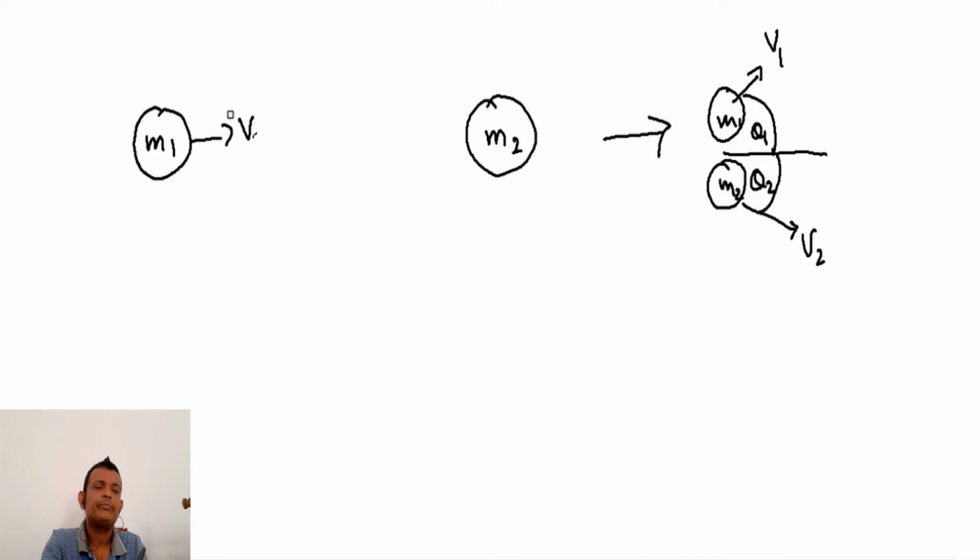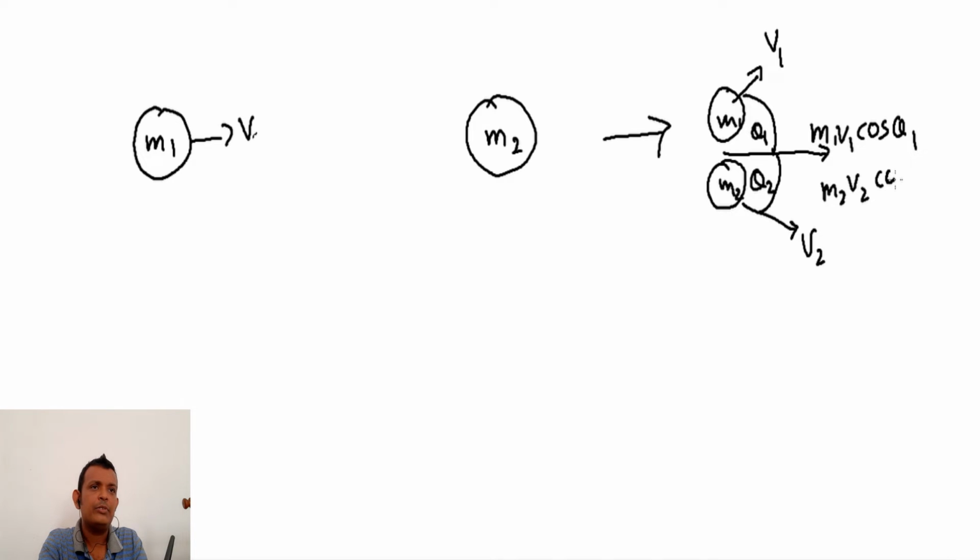So now first I need to divide this into components. v1 and m1 give the momentum. With the angle, I write m1 v1 cos theta 1 to this side, and from this component m2 v2 cos theta 2.